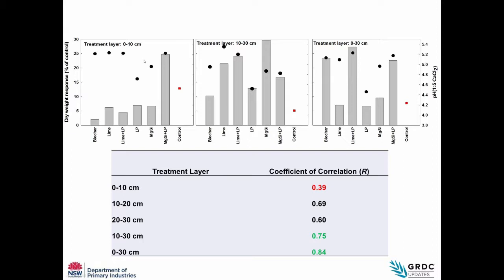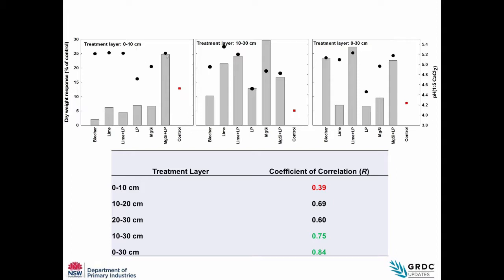At a quick glance, we can see about a 5 to almost 8% increase in dry weight relative to control when you put your treatment at 0 to 10 centimeters. Magnesium silicate plus lucerne pellet was a surprise.